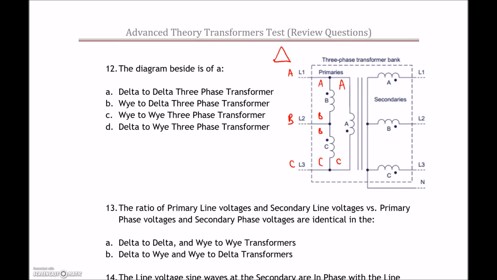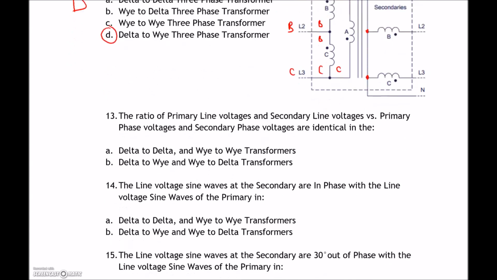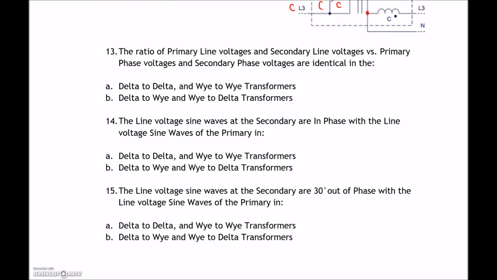Okay, on the secondary, we have each of these points right here coming together, referencing our neutral. We have 4 wires on our secondary. So this one right here is a Y secondary. So a delta to Y transformer. So 12 is D. Okay, let's look down at number 13, 14, and 15.